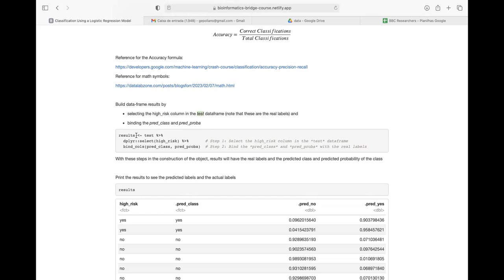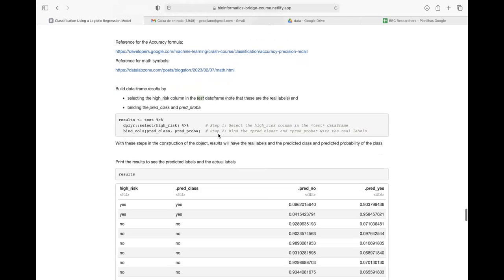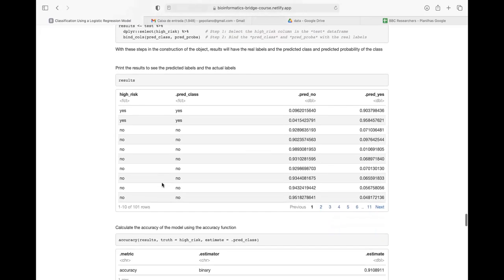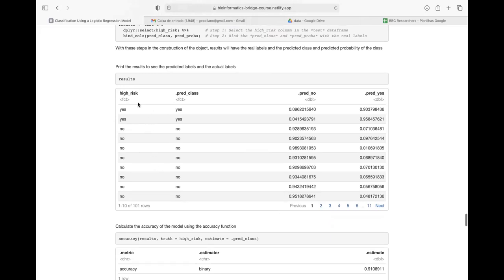So again, we are constructing the results in two steps. Step one, we select the columns in the test data frame, and then we bind the predicted class and the predicted probability. And this is what the results data set is going to look like. You can see here that, at least for the lines that we see here in the test data frame, the predictions are correct. The class prediction is correct.